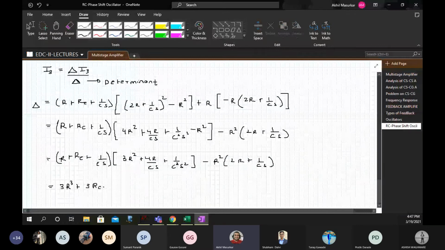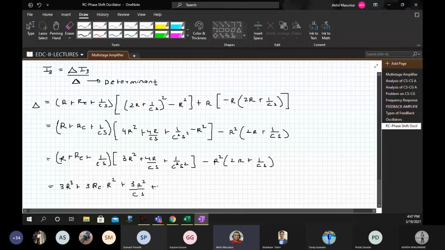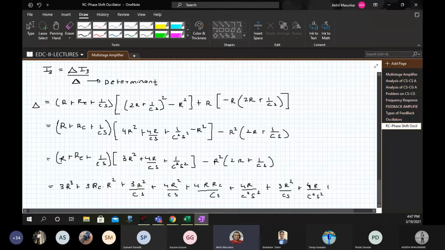So 3RC into R square plus 3R square upon CS plus 4R square upon CS plus 4R into RC upon CS plus 4R upon C square S square plus 3R square upon CS plus 4R upon C square S square plus 1 upon C cube S cube.